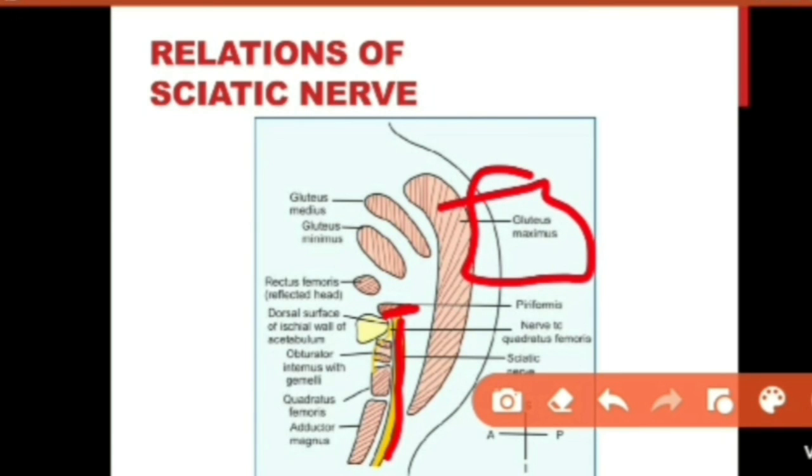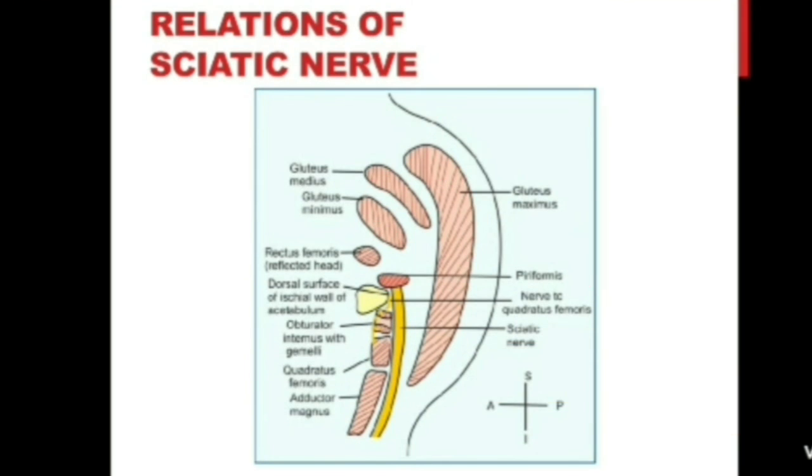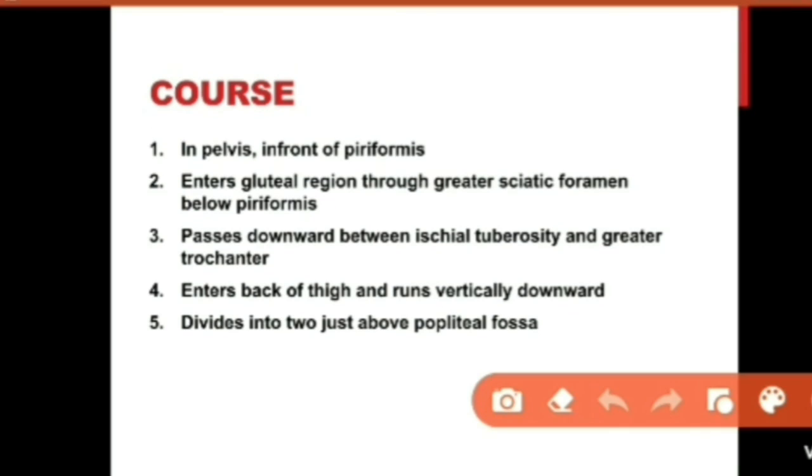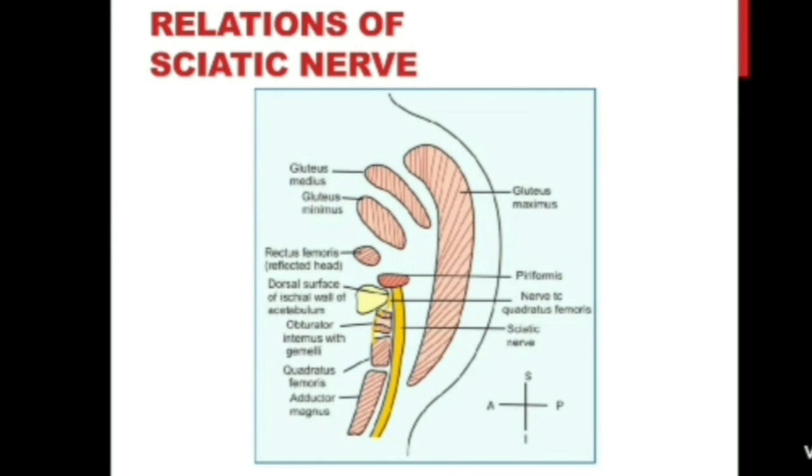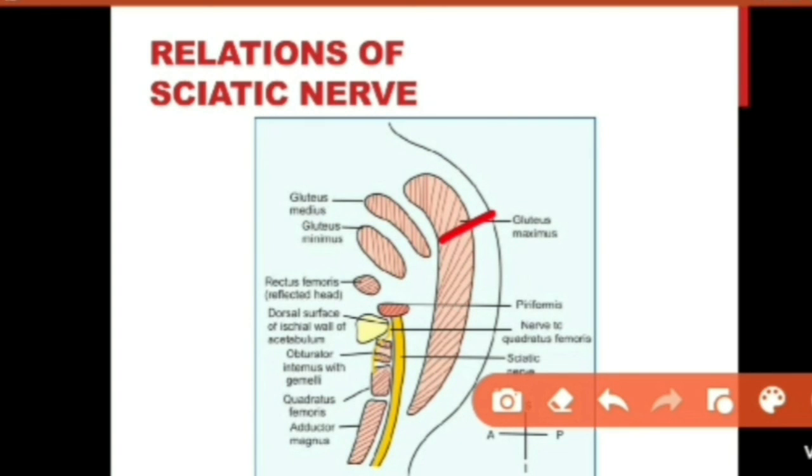So this is going to be the first one. Then it is covering gluteus medius and minimus as well. So we have the gluteus maximus, the gluteus medius and minimus as well, and the piriformis, below which we have the sciatic nerve.